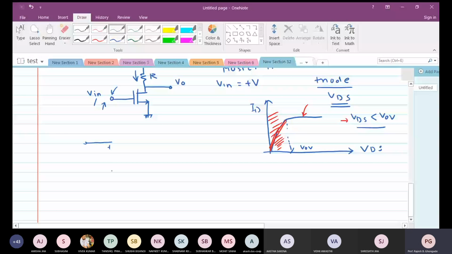Do you remember this? This is drain, this is gate, this is source, and this is RDS. Remember this? Yes, sir. So naturally now this RDS will be coming into picture, and my circuit now takes this form.